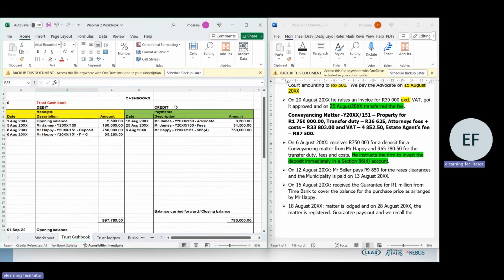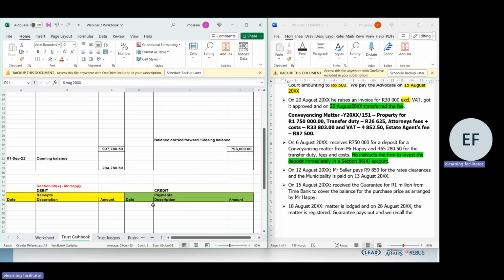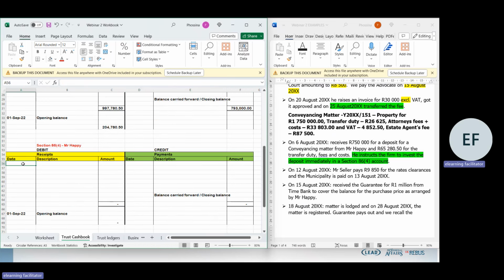And what did we do? We paid out of trust. So if we paid out of trust, then we are going to receive it. 20 August 20XX, and we are receiving it. Where is it coming from? Our bank account.